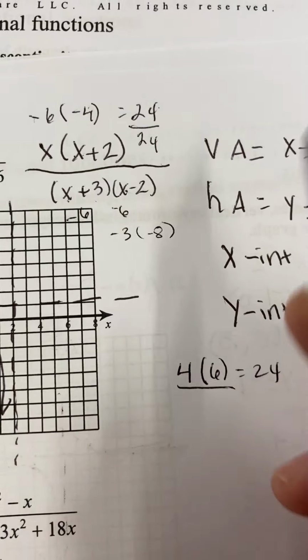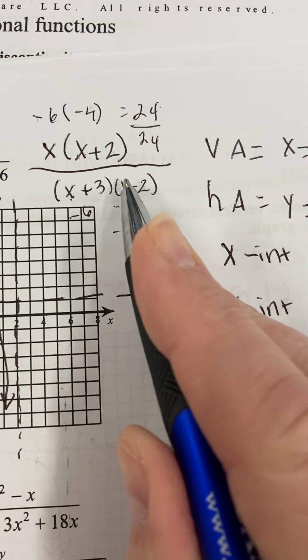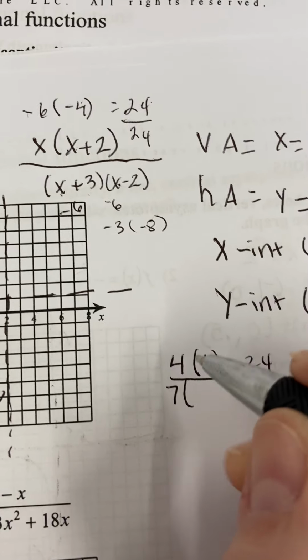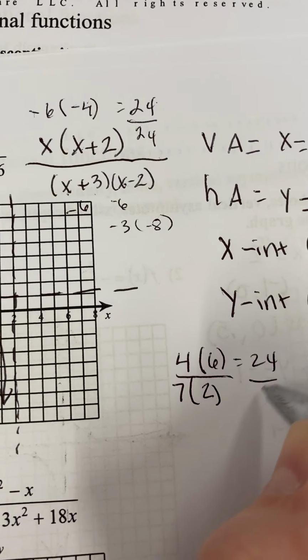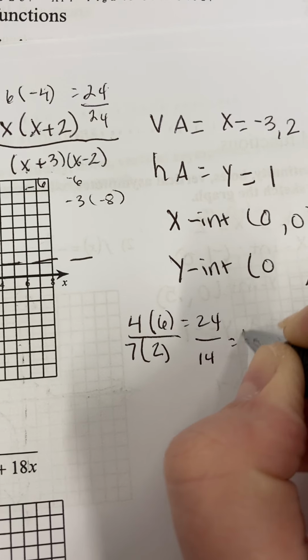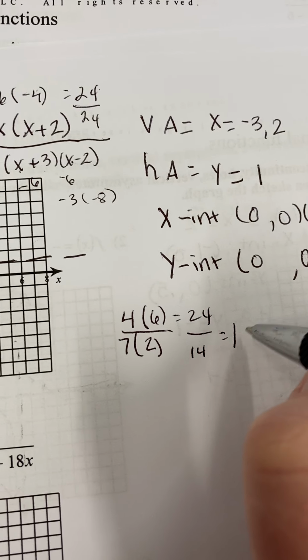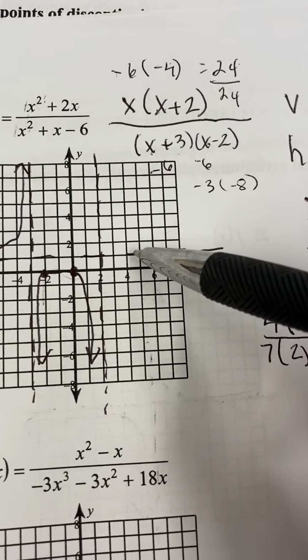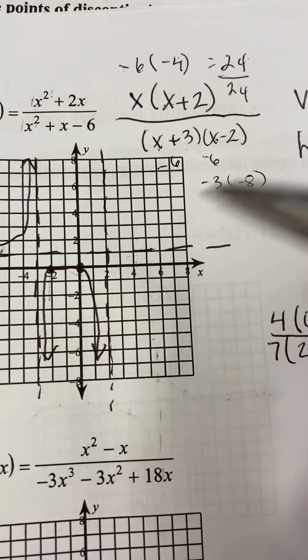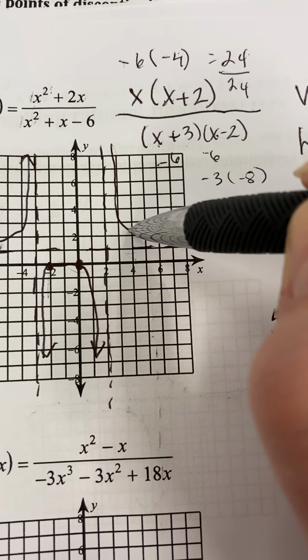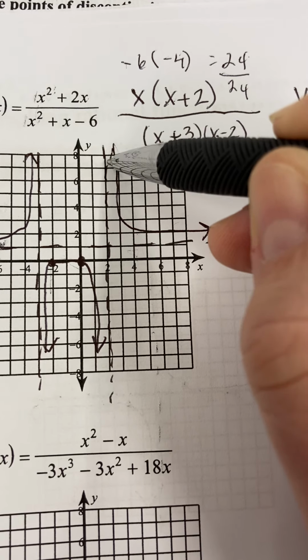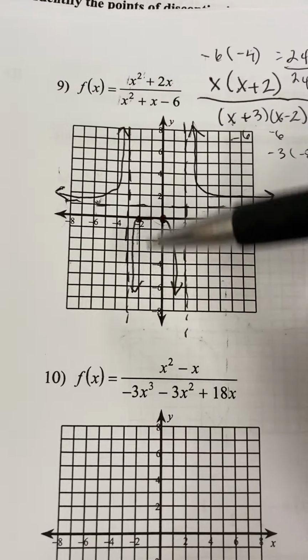If I stick 4 in here, I get a 7. If I stick 4 in here, that's going to give me a 2, which gives me 14, which is almost 2, it's 1 in whatever fraction, doesn't really matter. So when we stick a 4 in, it was up here, so it's going to be above that asymptote. That's all I really care about. So that's what that graph looks like.